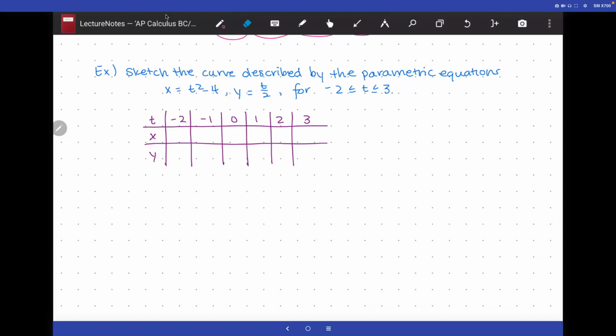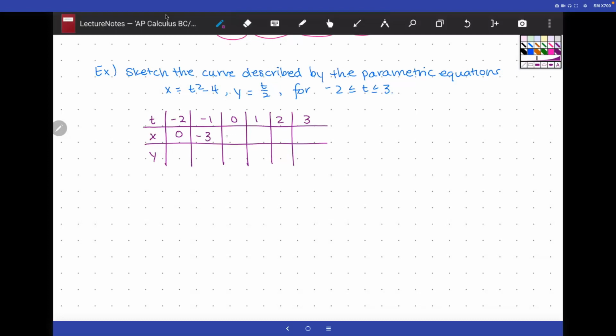And we literally just plug in the numbers into x and y. So when t is negative 2, x is negative 2 squared minus 4. That'd be 0. Whoops. 0. I'm going to keep going on the x's. When t is negative 1, we get 1 minus 4. That's negative 3.